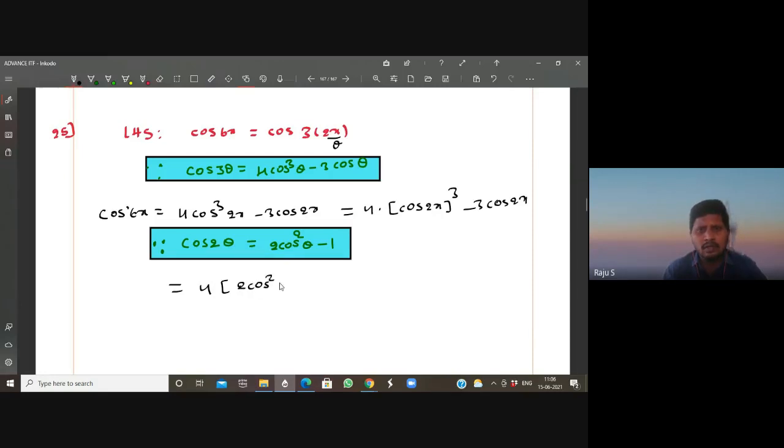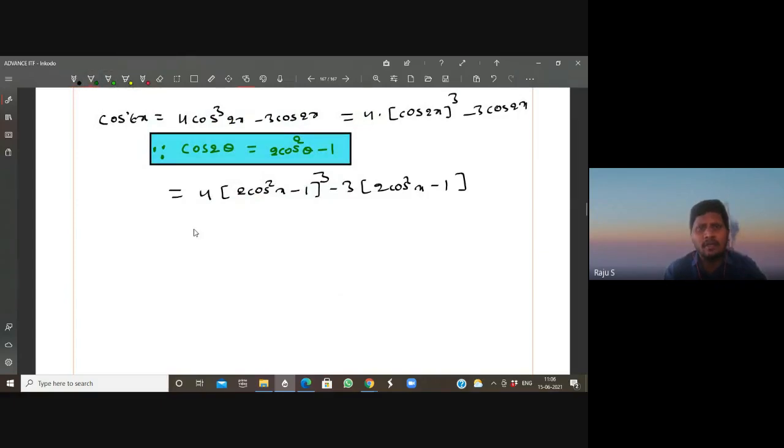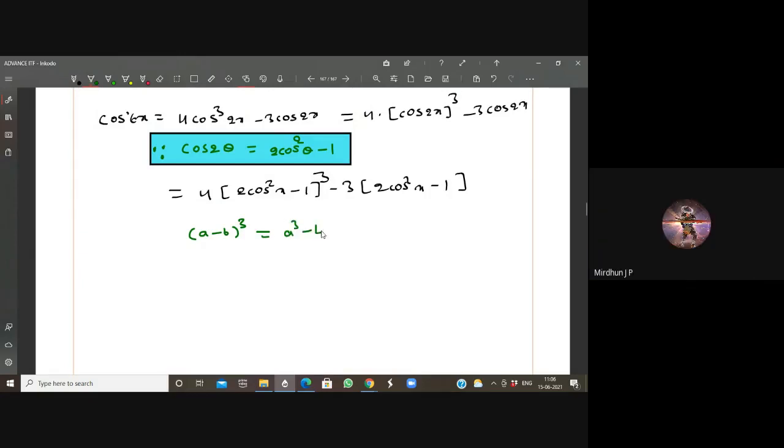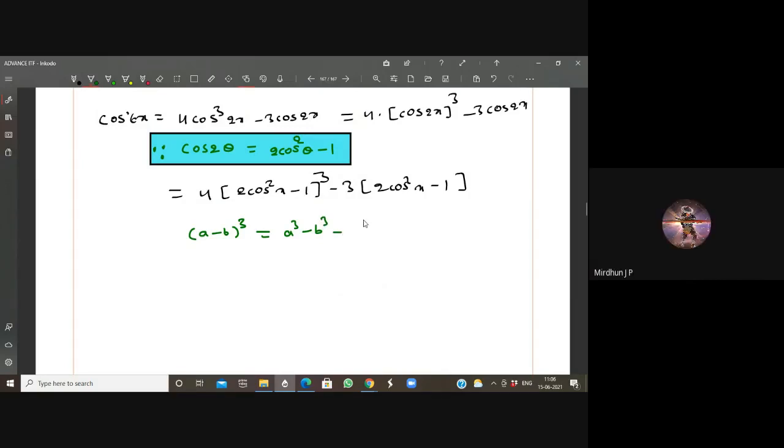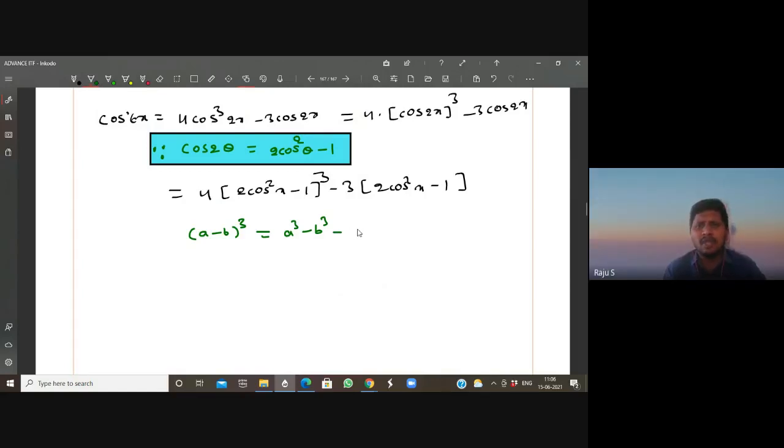Right. Now 4 times cos 2x formula I have written: 2 cos square x minus 1 whole cube, minus 3 times 2 cos square x minus 1. Since it is in the form of a minus b the whole cube, what is the a minus b whole cube formula? A cube minus b cube minus 3ab into a minus b, otherwise you can write it as minus 3a square b plus 3ab square.